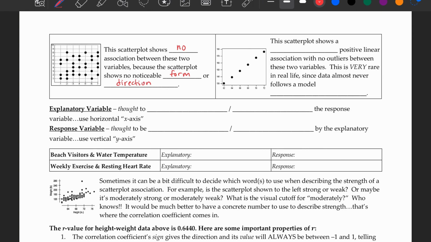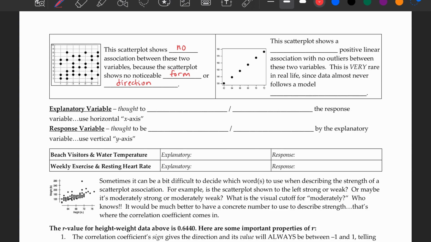Any trend line I try to draw in there that I think is going to work, if I handed this scatter plot over to a friend, they might draw an entirely different trend line. I don't mean a little bit different, like they might think, oh no, it's a negative slope, and I drew a positive slope. So if you see something like this, it means that the two variables are not related in any way, and thus maybe not worth our time to analyze at all.